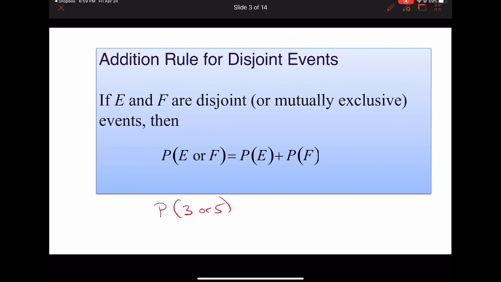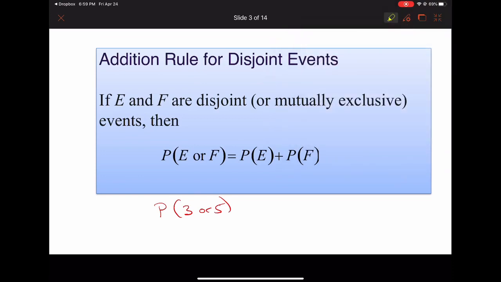One thing important when we're looking at disjoint events, the word "or" is going to be in there. So a 3 or a 5. The probability of rolling a 3 would be 1/6. The probability of rolling a 5 would also be 1/6. So my probability of rolling a 3 or a 5 would be 2/6, or 1/3 if I simplify that. So it's really that simple.